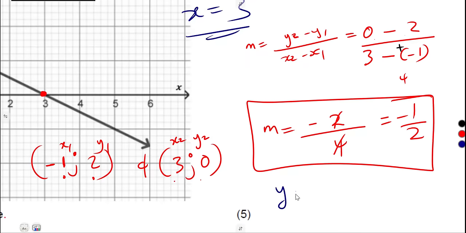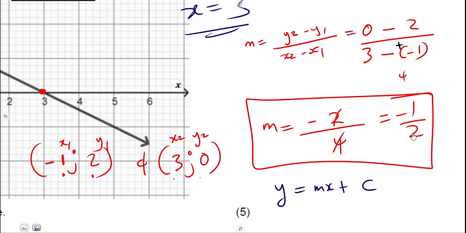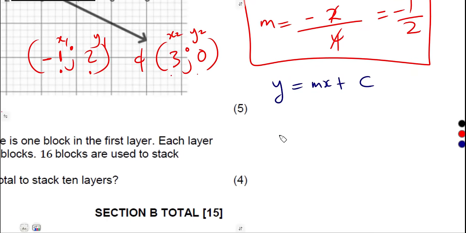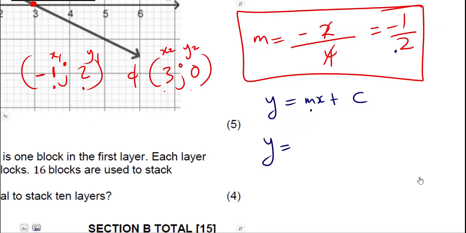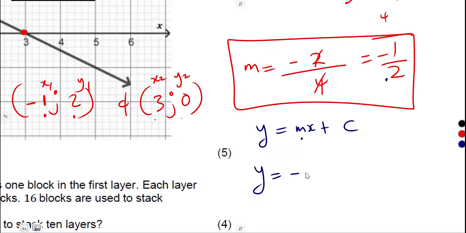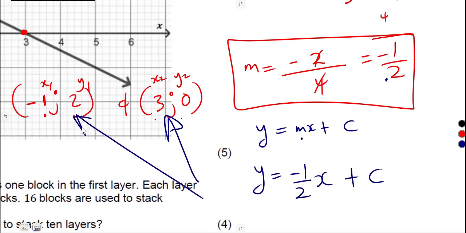So y is equal to what? mx plus c. Substitute that gradient: y is equal to our m, minus 1 over 2, so that's minus 1 over 2 x plus c. To find c, guys, substitute any of these 2 points, any one of your choice.